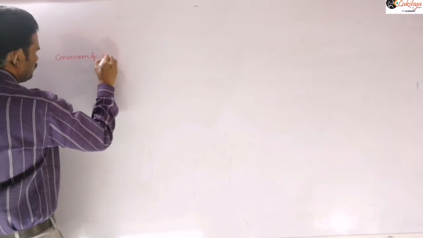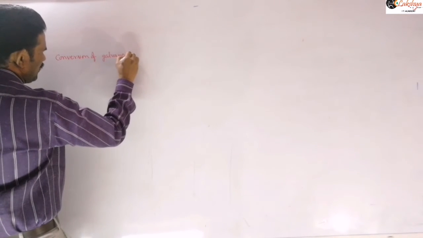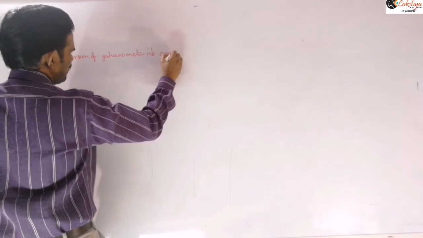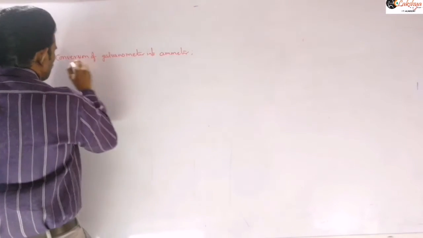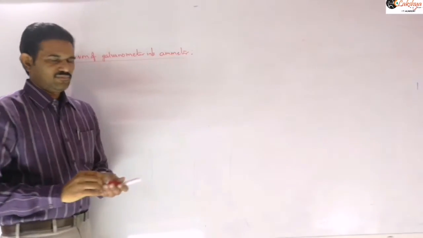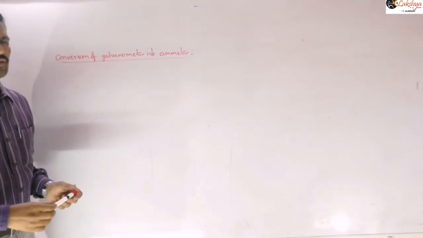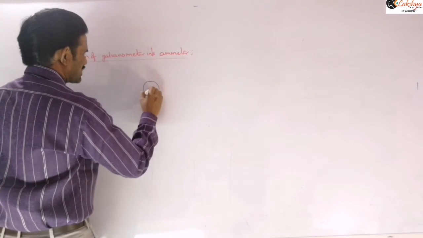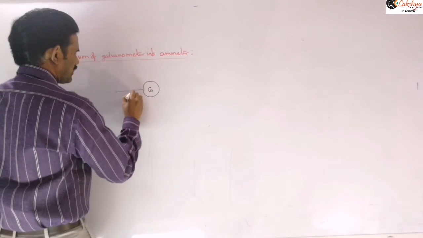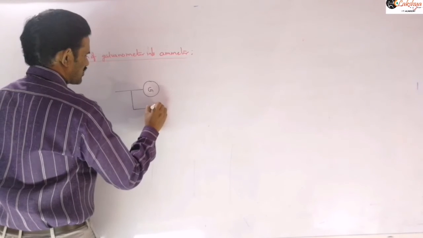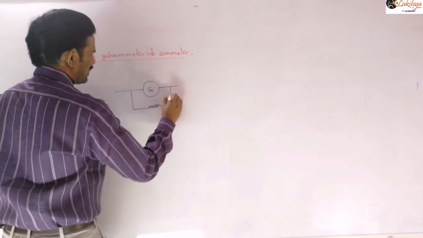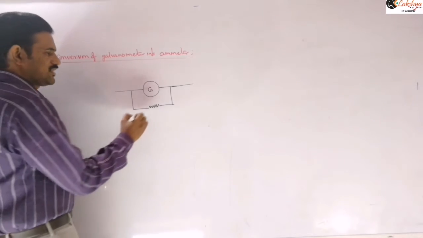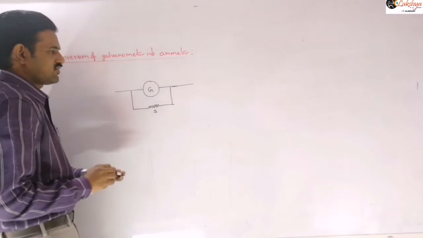Conversion of galvanometer into ammeter. So how to convert this? Simply we need to connect a small resistance in parallel. A small resistance called shunt resistance is to be connected in parallel with this galvanometer. Then this arrangement will behave like an ammeter.